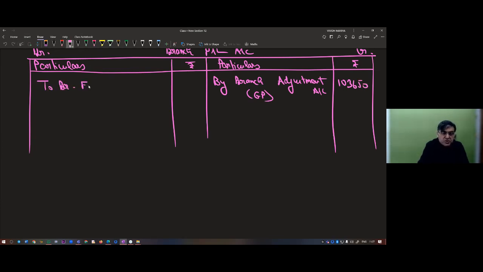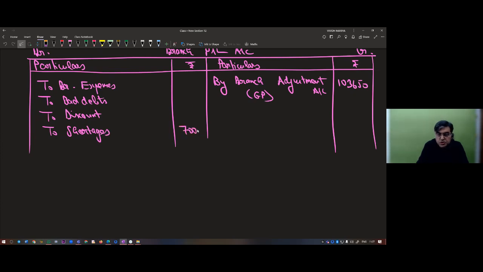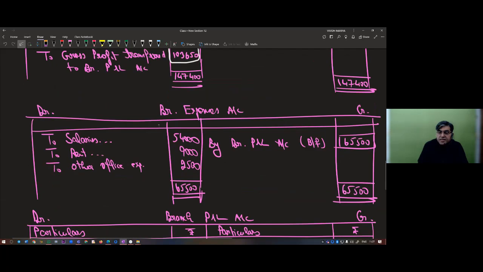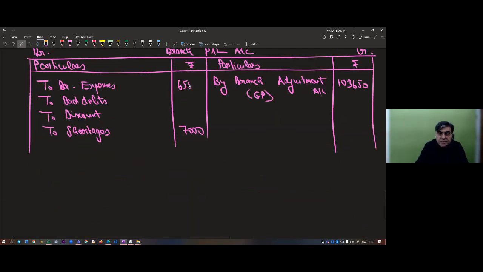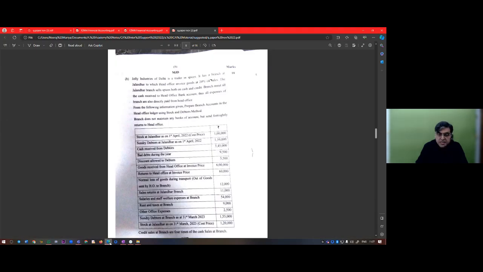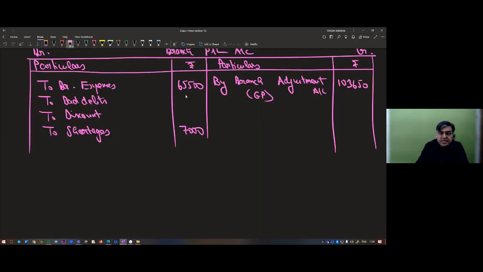To branch expenses, to bad debts, to discount, to shortages. Expenses 65,500. Bad debts 9,500, discount 5,500.